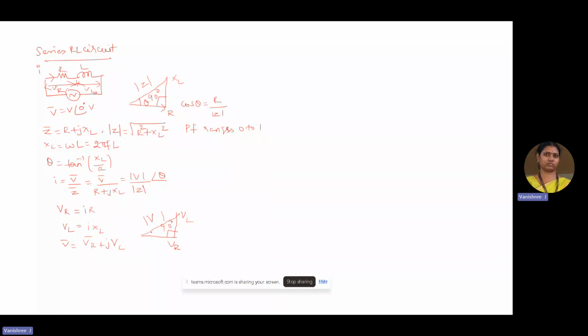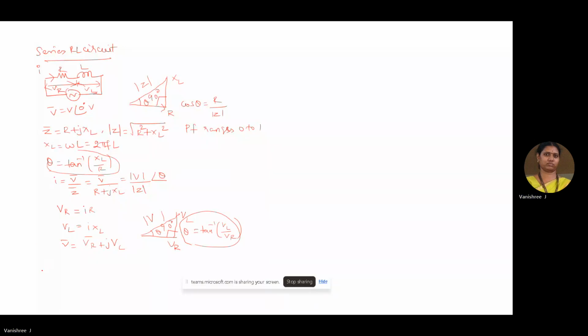So even using this, we can determine the value of theta, which is equal to tan inverse of VL by VR. This theta and the theta taken in terms of XL and R mean the same, which refers to the phase angle between voltage and current.